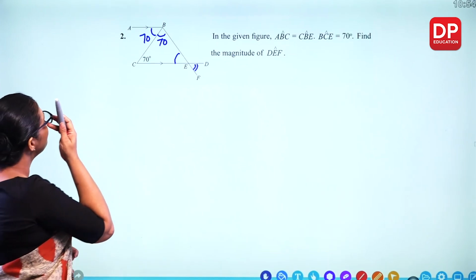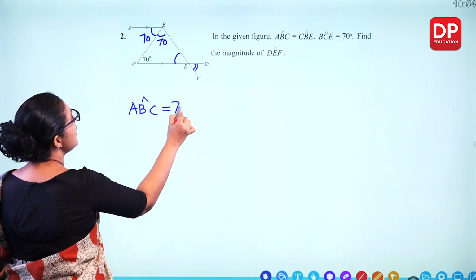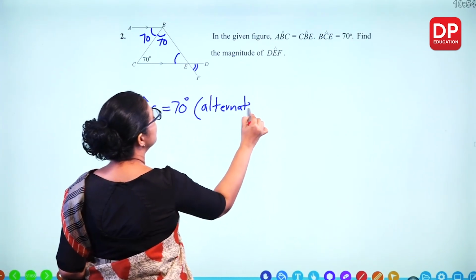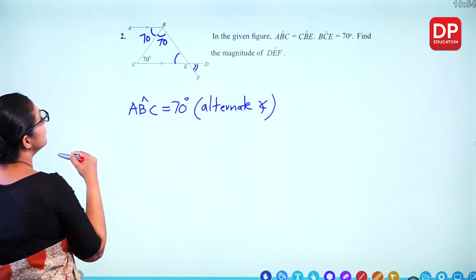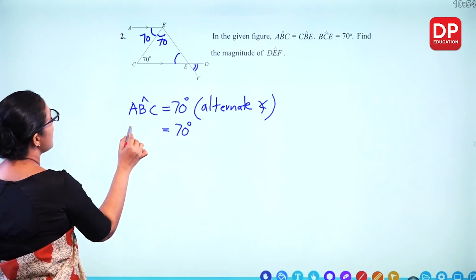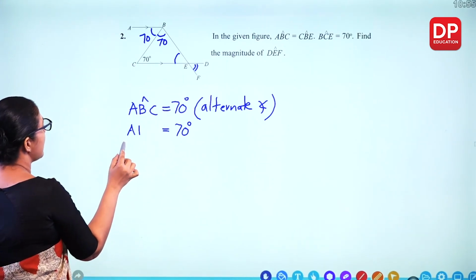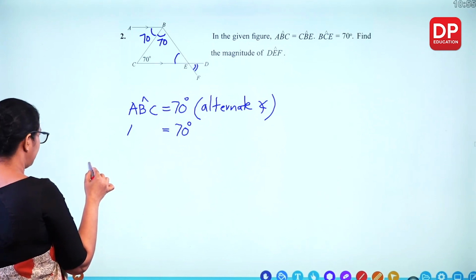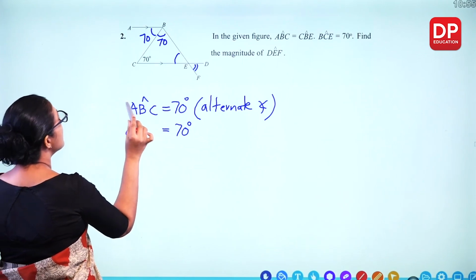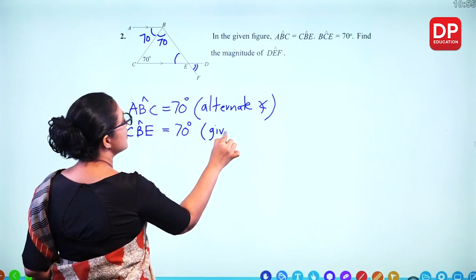So, we'll write down ABC angle is 70 because of alternate angles. And this is same as 70 because both are equal. CBE angle is 70 because it's given equal.